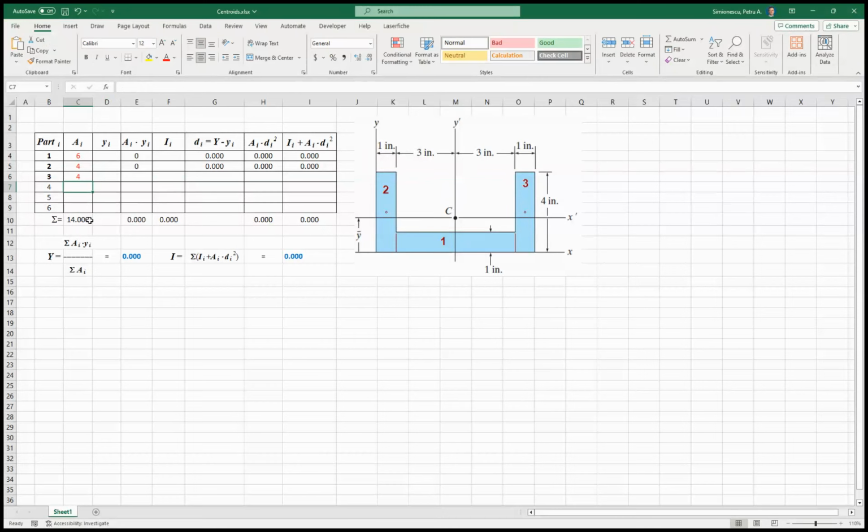Okay, so we have the areas, and the sum of areas is calculated automatically.